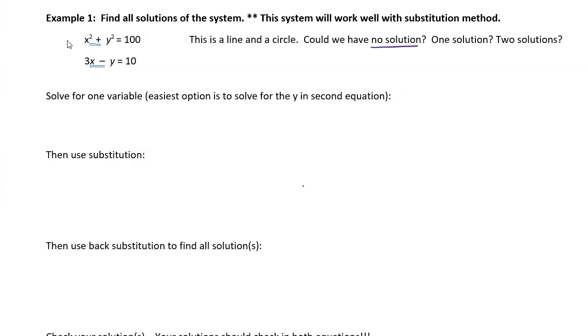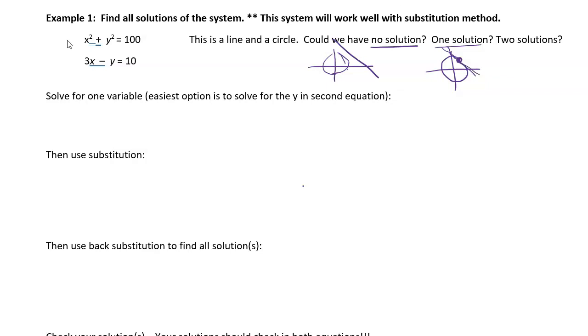Like if you have, let's say the circle is right here. Sorry, that's kind of messy. But then the line is over there. So there is a situation where the line may not actually intersect with the circle. One solution could possibly look like this, let's see if I can draw this a little bit neater. Let's say the circle's here, and what we have is what we call a tangent line, where the line only intersects one time.